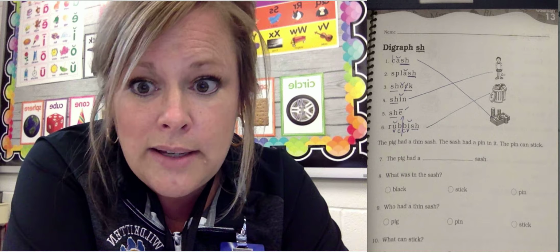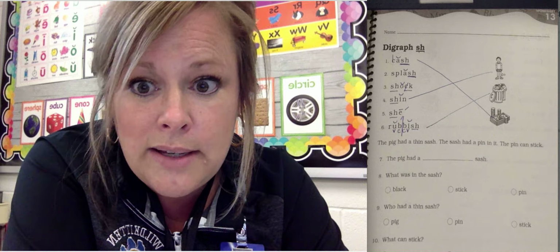So there's the picture. Number 5 has an SH digraph, but this E does not have a consonant after it. So what do we do? I hope you're thinking, Mrs. Barhorst, I may crown it. It's an open, it's accent marked, and that is the word she. Okay, she. No picture for that one.